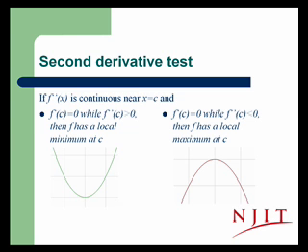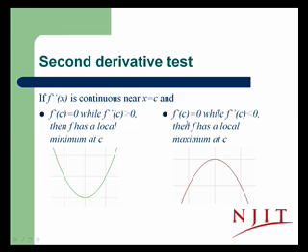We also have a second derivative test that helps us understand local maximums and local minimums. If the second derivative of a function is continuous near a point x equals c, and if the first derivative is 0, so that means the slope of the function is 0, but the second derivative is positive, it means the curve is flat, but we're on a smile. Curve is flat, but on a smile means that we must be at a minimum.